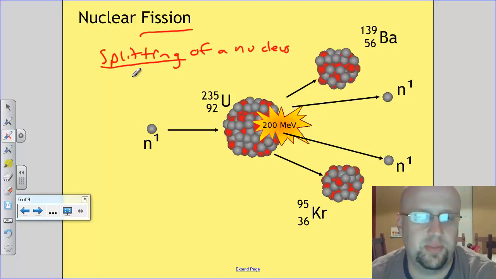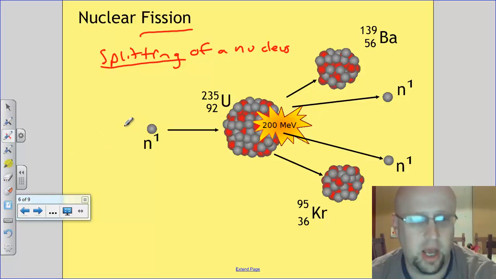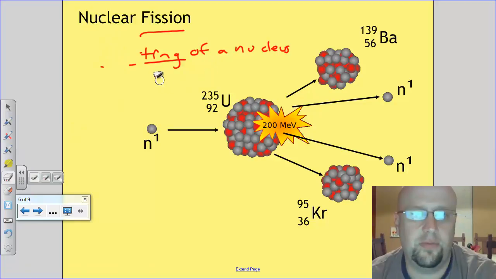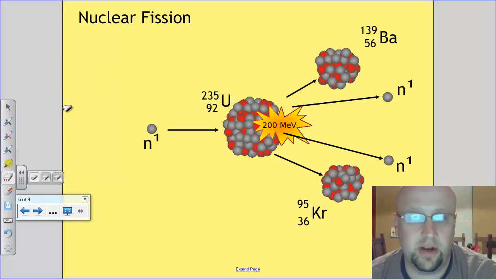Fission means splitting. To be honest, it meant the same thing in biology. If you remember biology class, you probably talked about binary fission, and that's where a cell split into 2 separate cells, so fission means the same thing there. Okay, so it's the exact same thing, nothing terribly new there. Fission is splitting, okay? And we'll see in a minute that that's different than fusion.